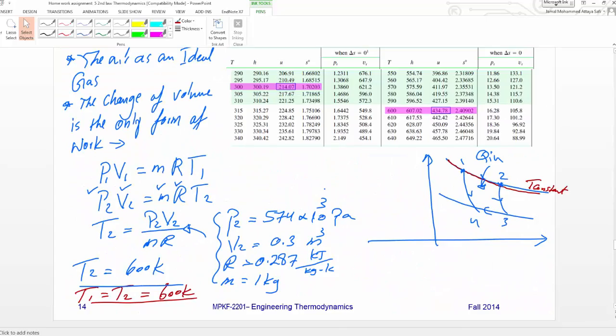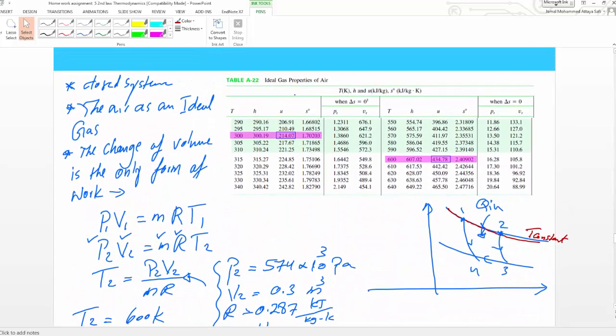Okay, so this is the ideal gas properties of air, and in this table the air properties are given as a function of temperature. So if you know the temperature, you can just go and read here the enthalpy, and here is the internal energy, and this you probably don't need to deal with, because this is the entropy.